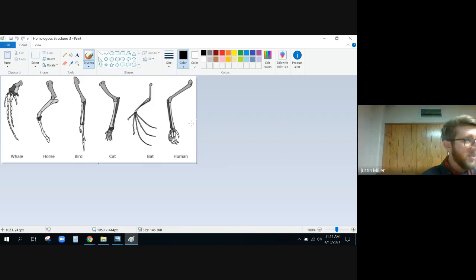So the more similar these homologous structures are between our bodies and the bodies of other animals like the cat, the more closely related we are typically, okay?